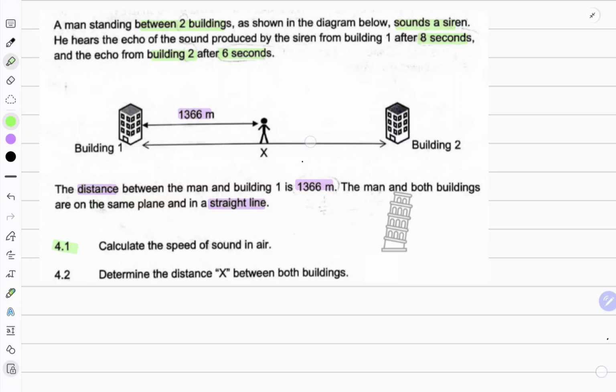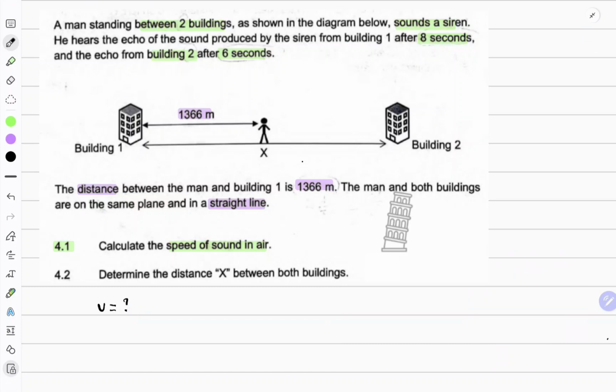So the first question says, calculate the speed of sound in air. To answer this question, we have to list all the information we have and all the information we're looking for. The velocity or the speed of the sound is what we're looking for, and we just represent that with a question mark.